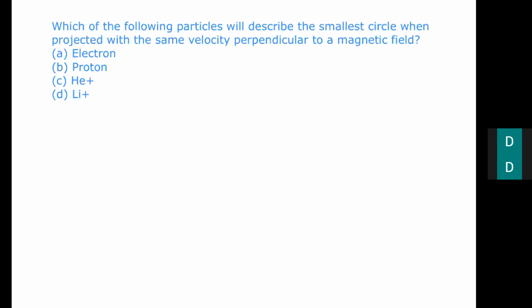And it says, which of the following particles will describe the smallest circle when projected with the same velocity perpendicular to the magnetic field? So whenever the particle moves in a circle, the magnetic force will be the same as the centripetal force. So just for understanding, I'll write down the solution: magnetic force is equal to the centripetal force, and then we will be equating those equations.